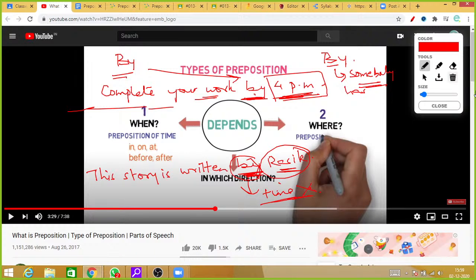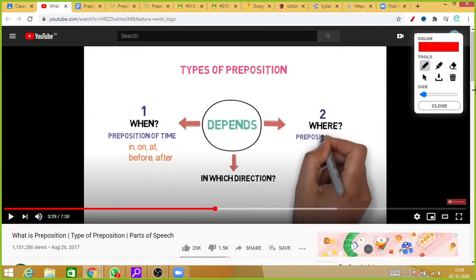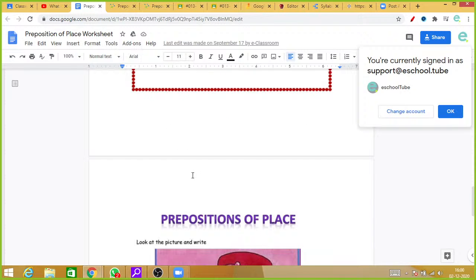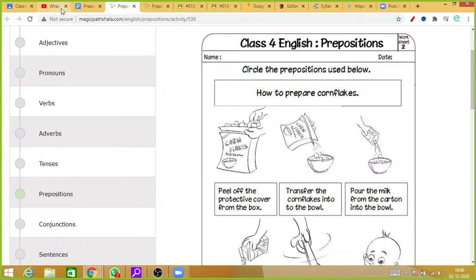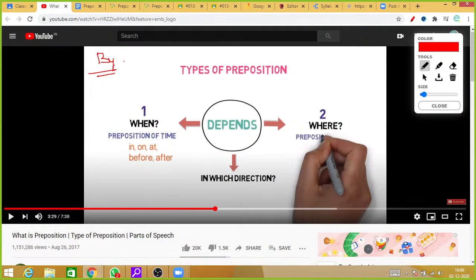Okay? Understood? Everybody understood or not? Okay, so make a sentence using by. By for time. बोलो बोलो जल्दी से. Who will tell me a sentence?